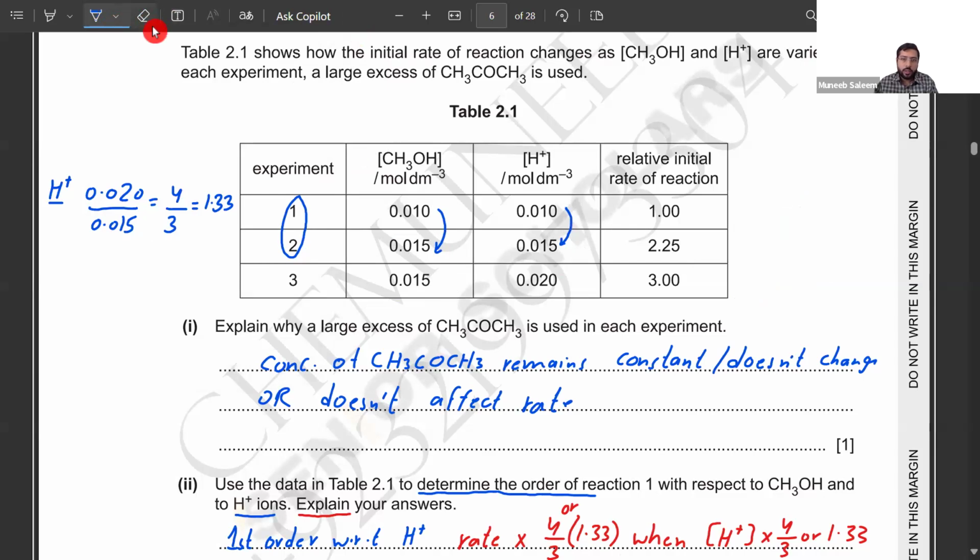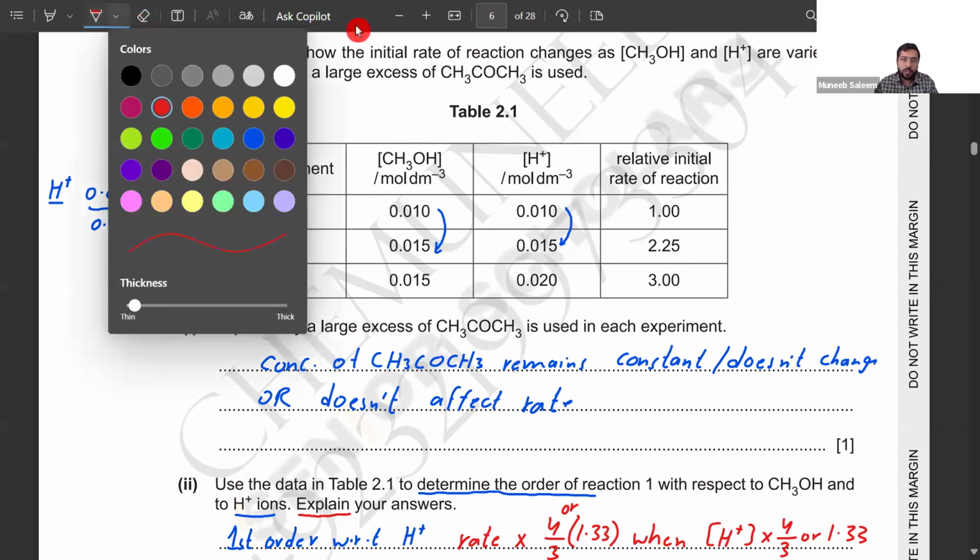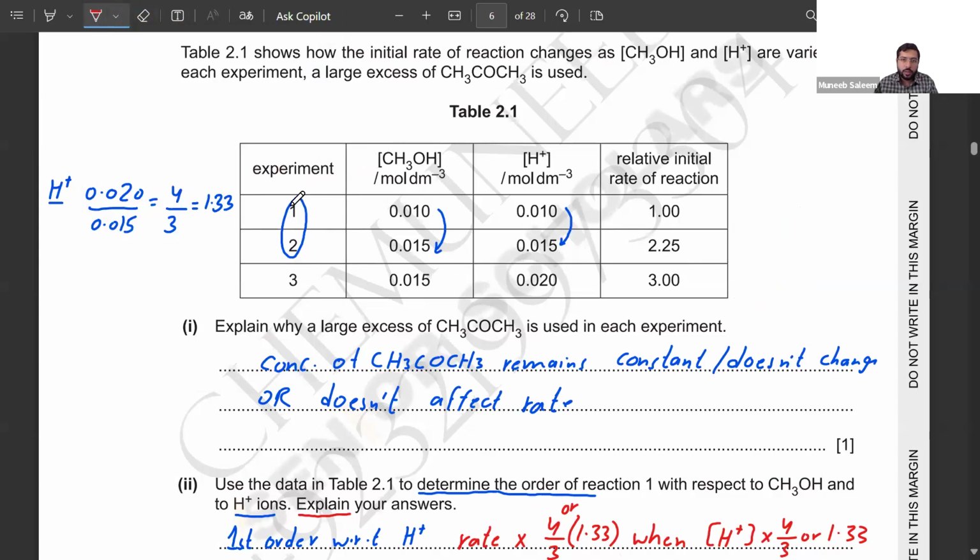The other strategy is to choose experiment 1 and experiment 3, because there the value has been changed from 0.01 to 0.015 for methanol, and for hydrogen ion from 0.01 to 0.02. So first I will use the second approach, and then I will go with the first approach, which means I will first check out the red portion.